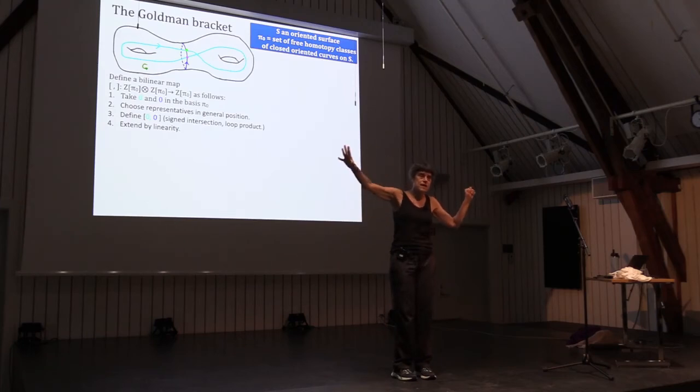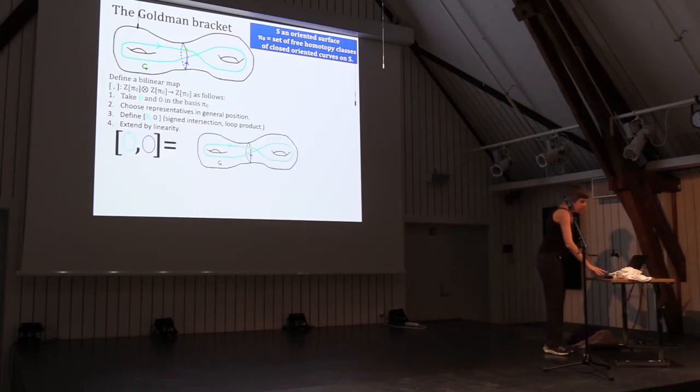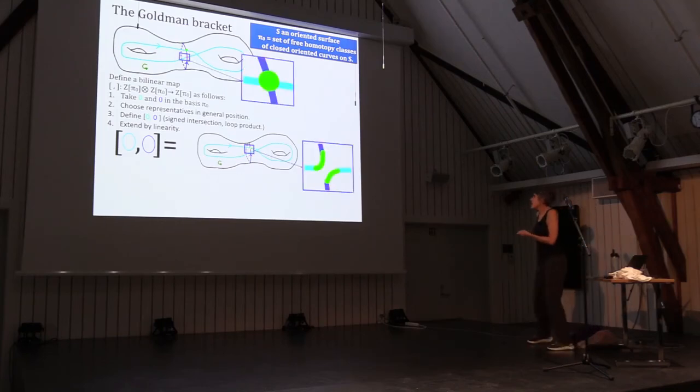So a term consists of a free homotopy class and a certain coefficient. We're going to look at the green point. The green point here is going to give me this free homotopy class. What I did at this point is a small surgery, which is just the old loop product.